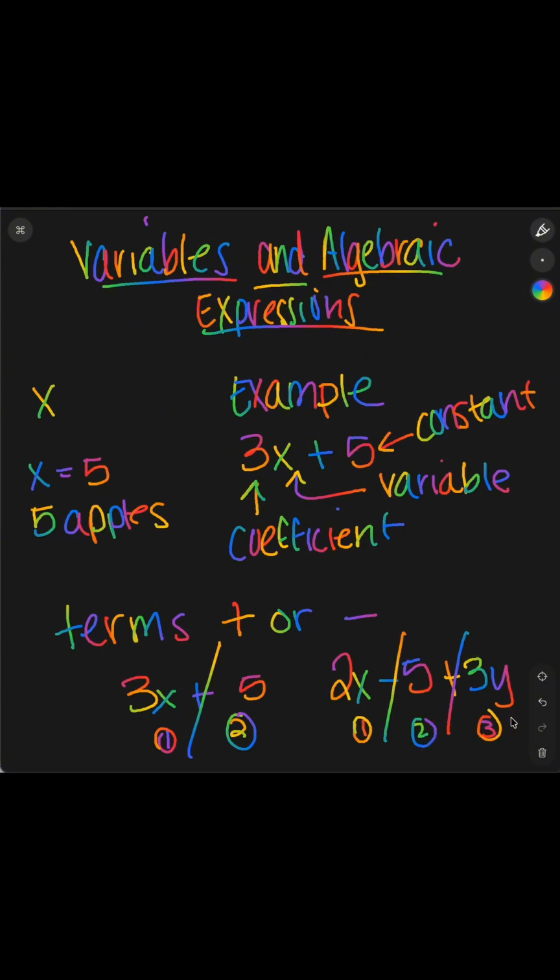Now, what's tricky is the terms are 2x, negative 5, and 3y. So when you take your terms, you have to take the sign that's in front of that term. So yes, you can put the slash where there's a subtraction and addition, but don't forget about the negative there, okay?